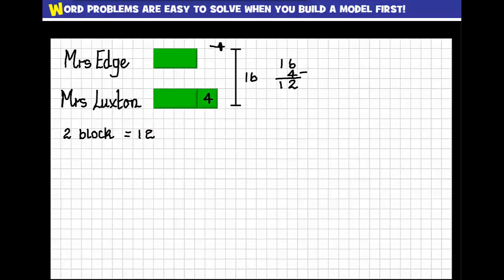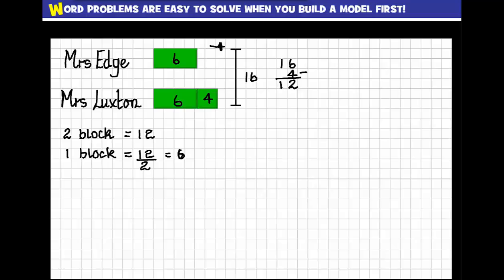We've taken the 4 away, so 16 take 4 is 12. So 1 block is equal to 12 over 2, which gives us 6. So 1 block is equal to 6, and we can put those back in the blocks, 6 and 6.